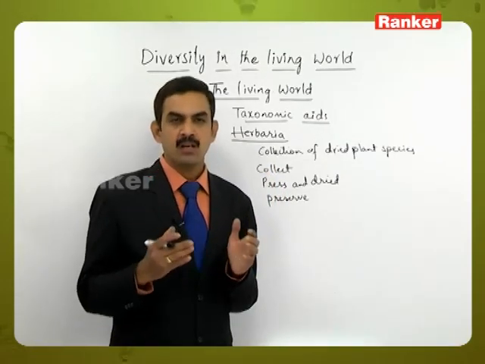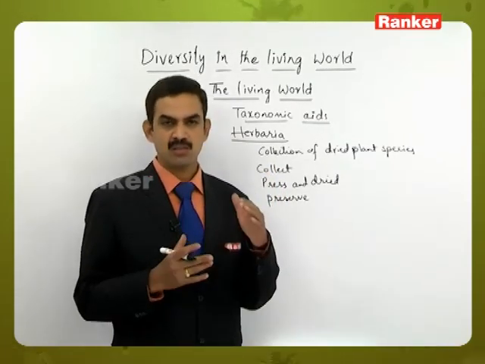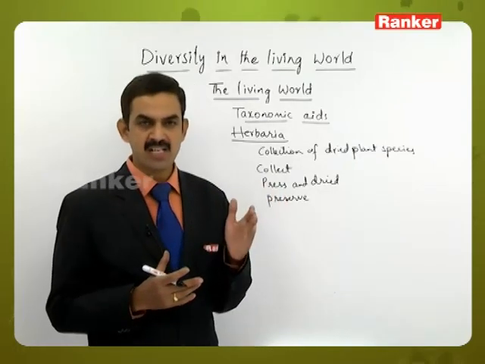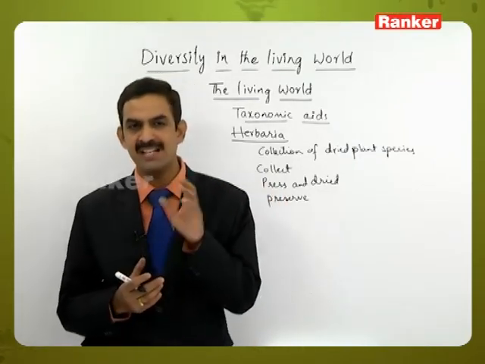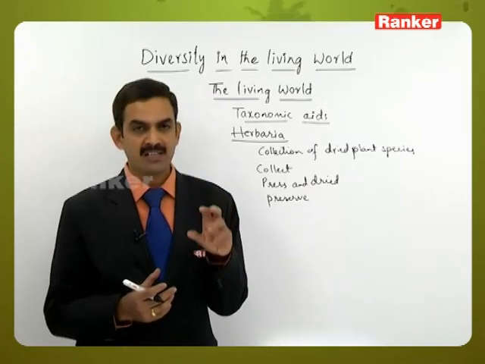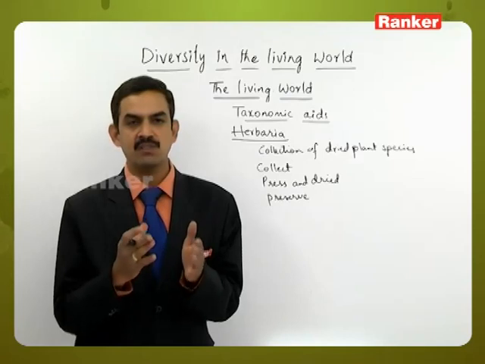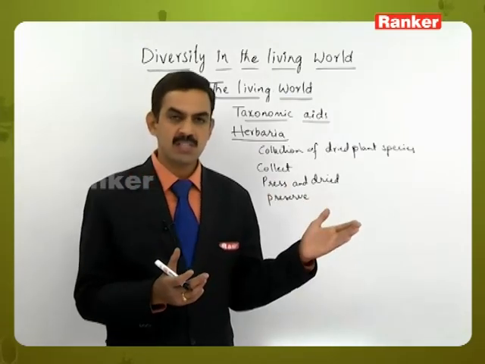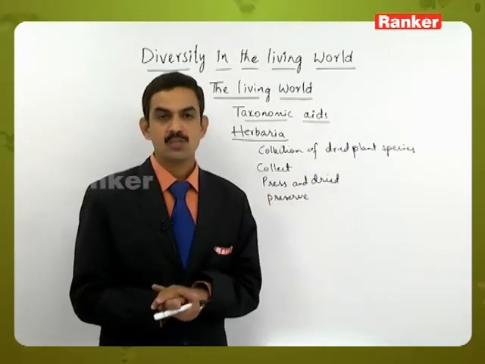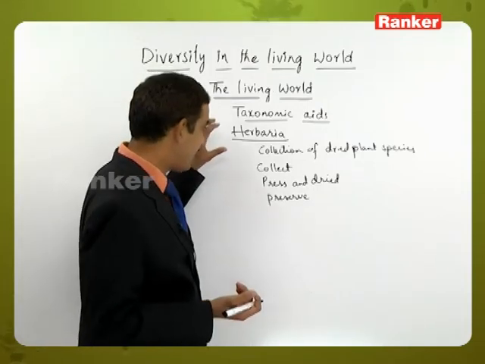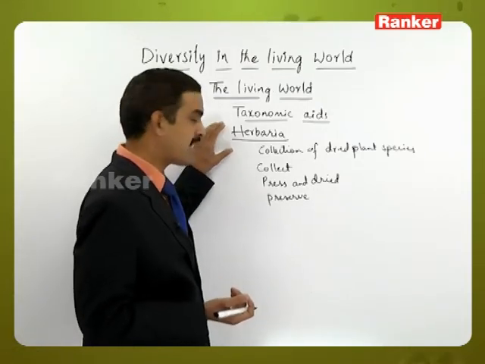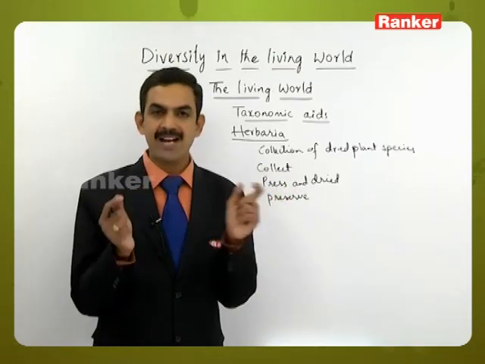For example, if a person wants to know about the evolutionary aspects related to a plant species that is present today, he has to compare the characters of the present day species with similar species which existed long back. So the plant species kept under herbaria are useful to compare the characters.